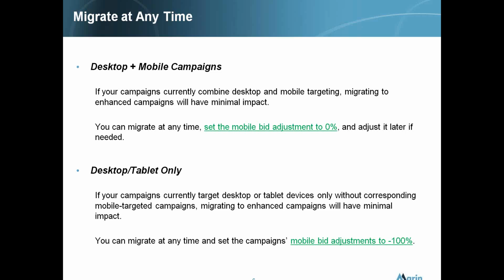And what that will do is make those enhanced campaigns target the desktop and tablets, and put a negative influence on those mobile bids, so that you're pretty much preventing serving the mobile. One thing to keep in mind here is if you have desktop-only campaigns, you will now have to target both desktop and tablet. There's no way to separate those out. So the only adjustments available now are for those mobile bids.